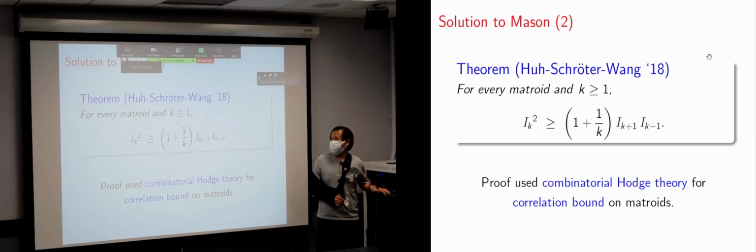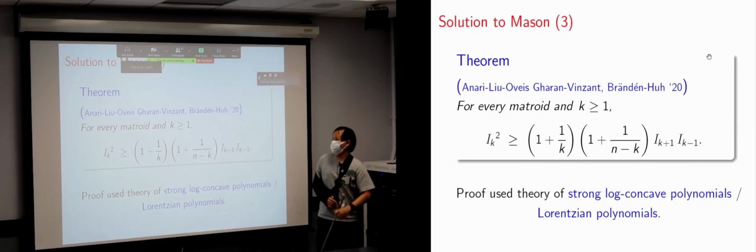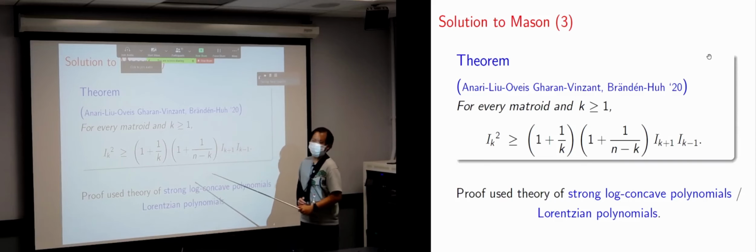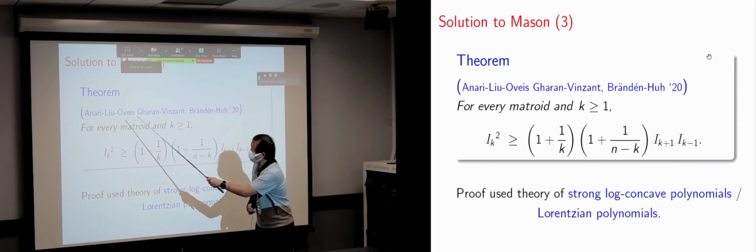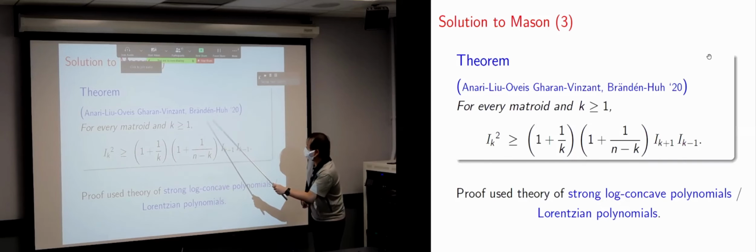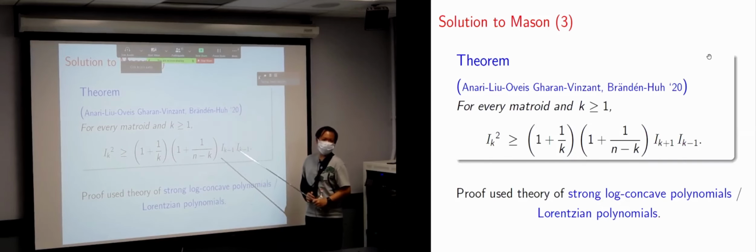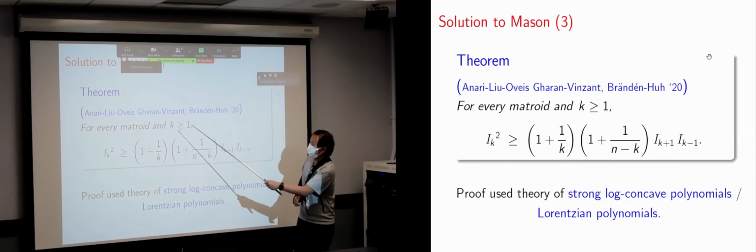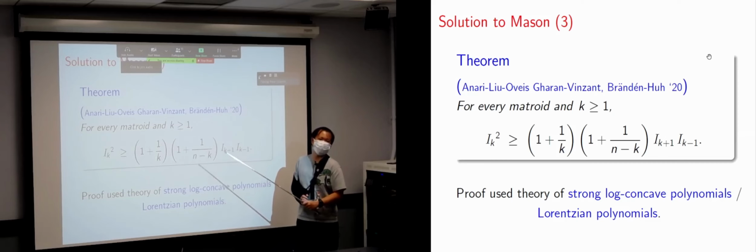And they don't only stop there, they took this even further. And in 2018, again, the 2020 is a journal publication date, Anari, Liu, Oveis Gharan, Vinzant, independently with Brändén-Huh, so they are two independent groups, they managed to solve Mason's conjecture, the strongest form of Mason's conjecture. And in fact, their papers appeared on the arXiv on the exact same date.